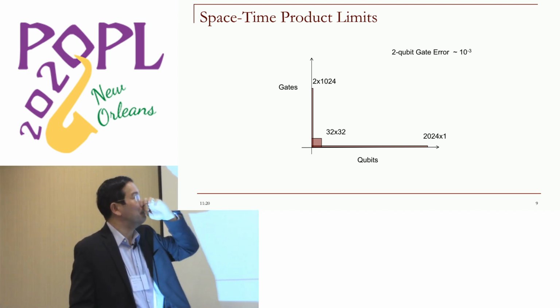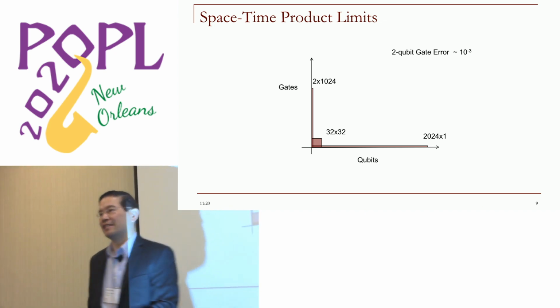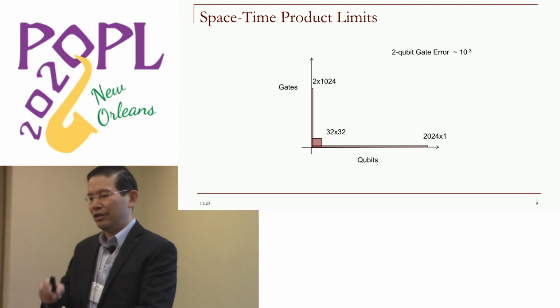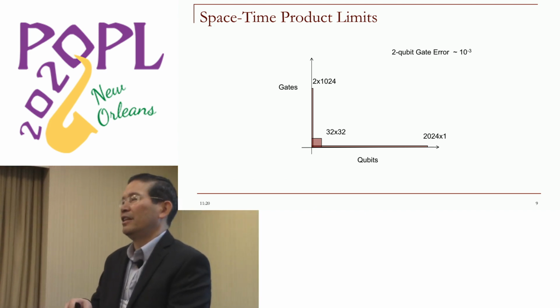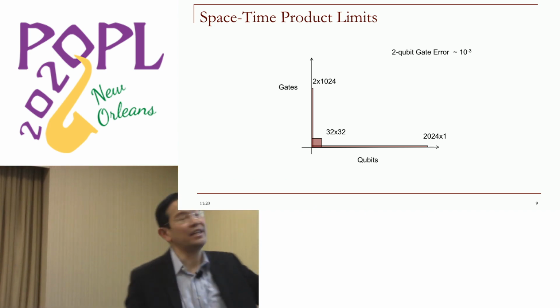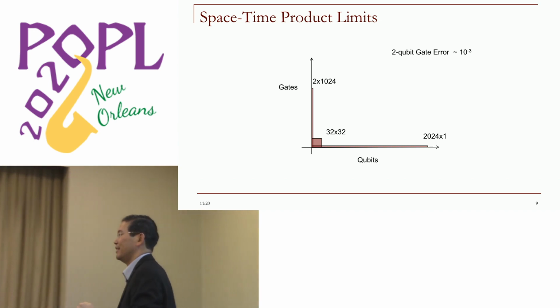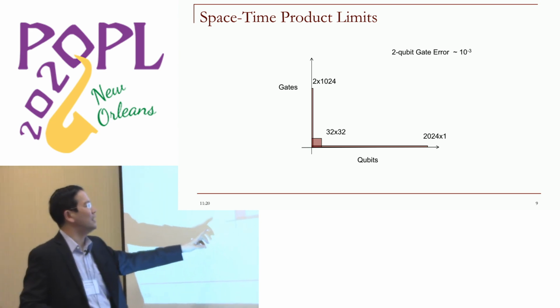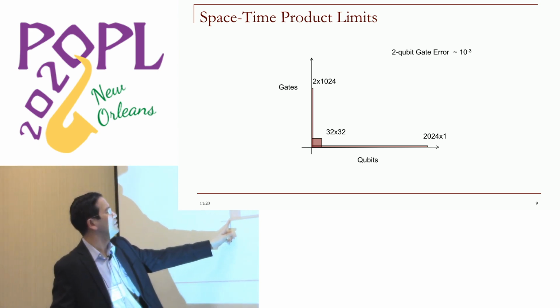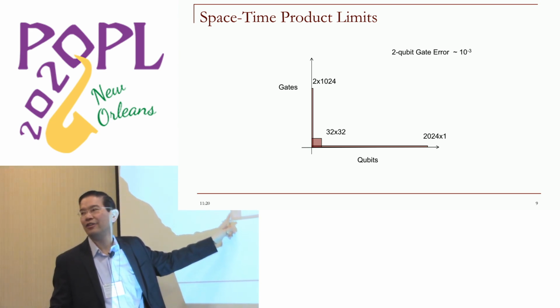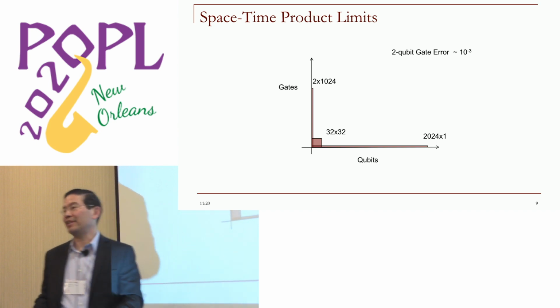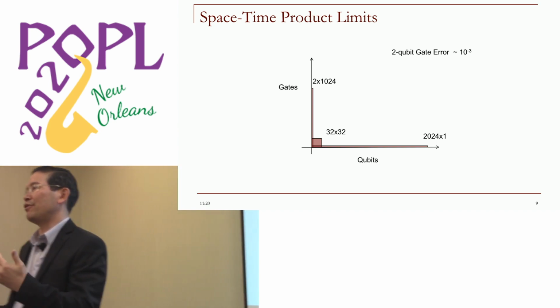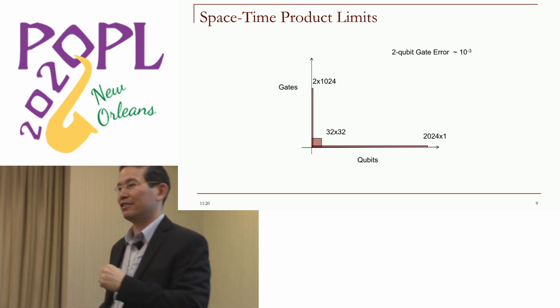Now, one way you can think of this is, let's say that you can run a 2-qubit gate or instruction with an error rate of 10 to the minus 3, 1 in 1,000. That means that if you have 2 qubits, you can run 1,000 operations on those 2 qubits before there's an error and your computation is erroneous.